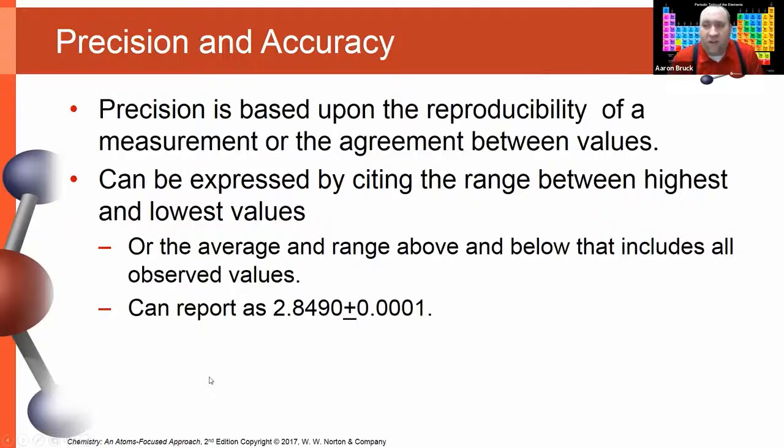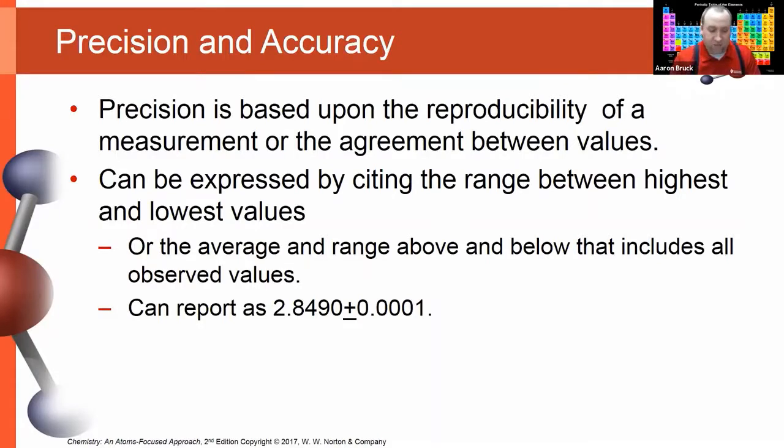Two terms that often get confused are precision and accuracy. Now, precision itself is based upon two ideas. One of them is reproducibility. If I measure something on a balance, how reproducible is that result? That's precision. And to that end, we can usually express precision of that kind by citing a range between high values and low values.